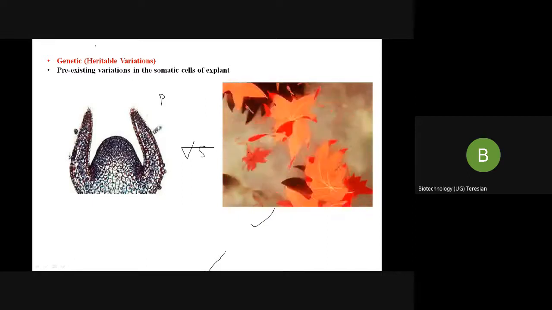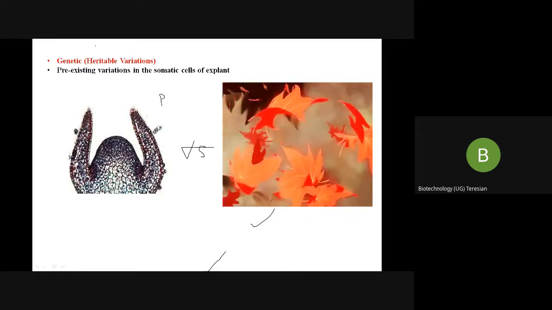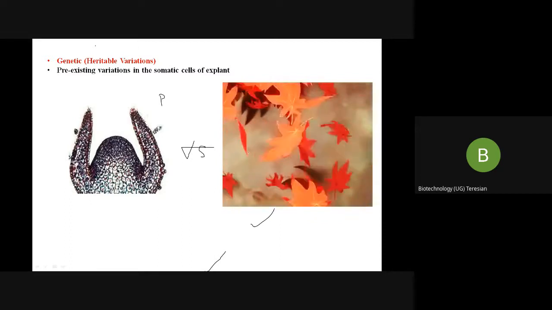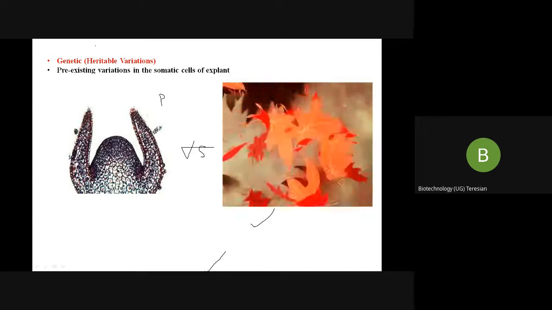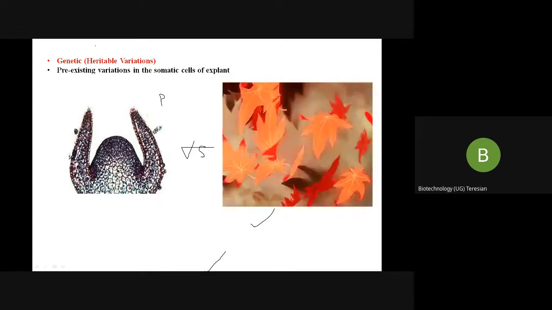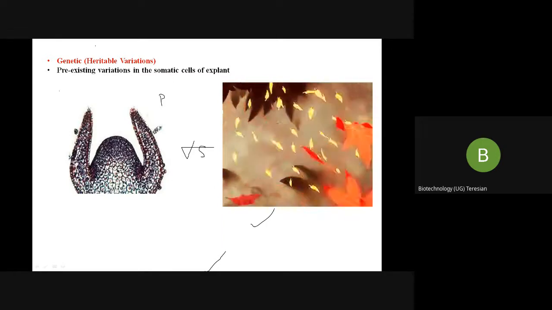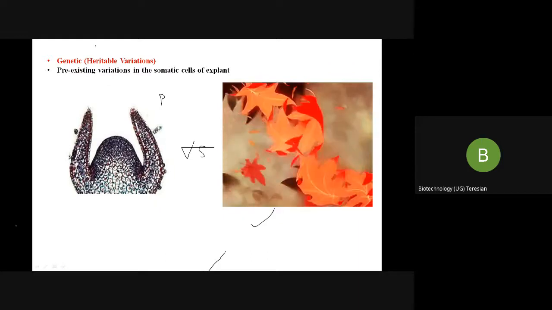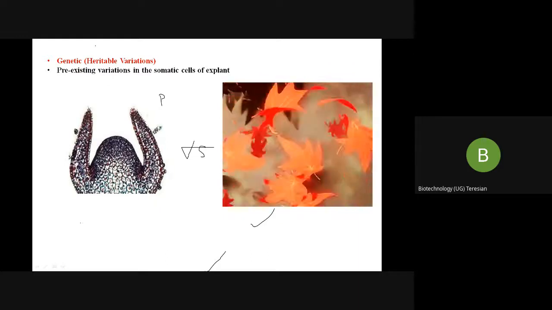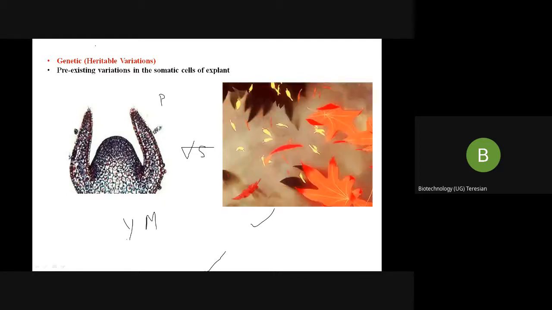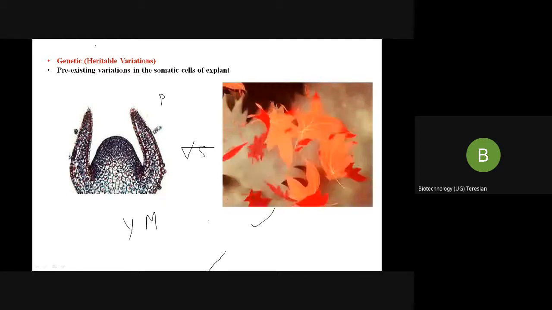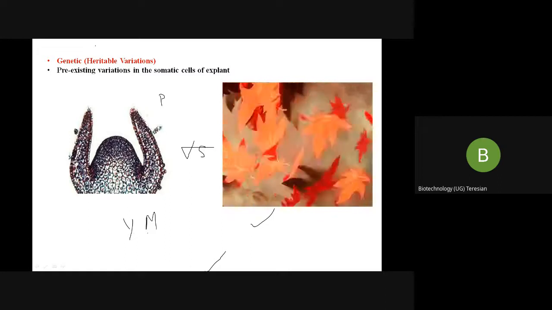Hope these two terminologies are understood. Whenever a cell is more specialized, it can have more variation. Another example, take the example of the leaf only: a young leaf and a mature leaf. Now, who is specialized here? Who will undergo more variation?